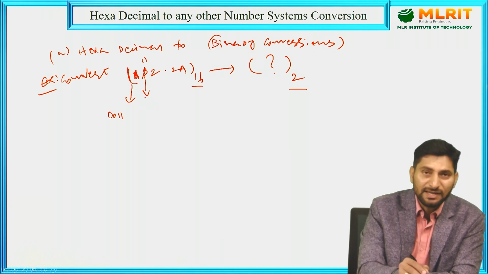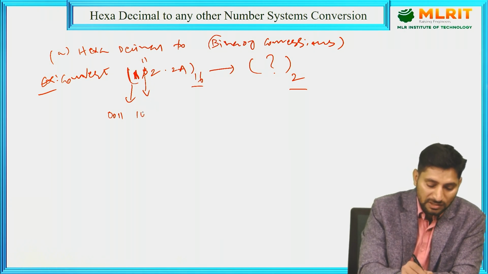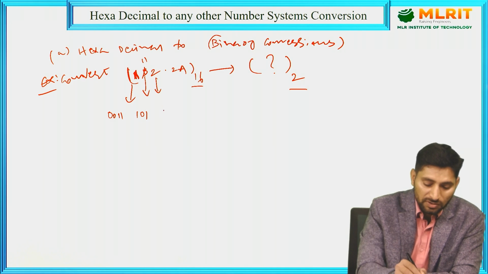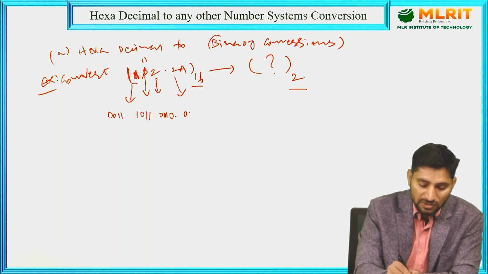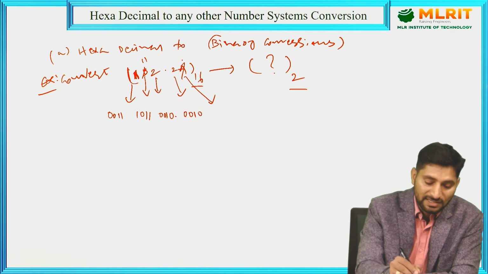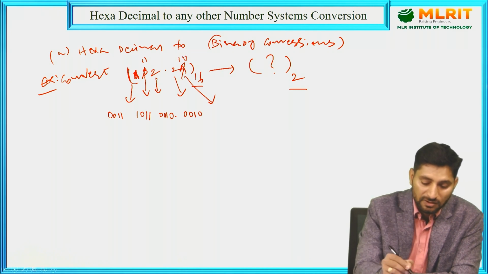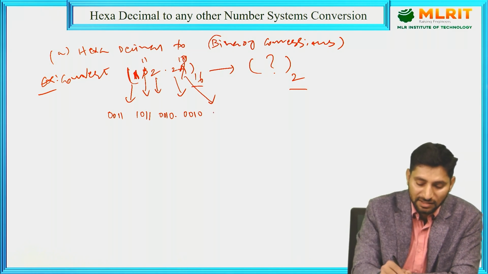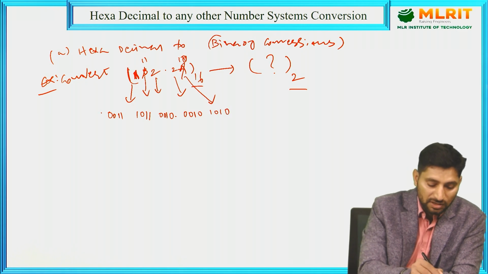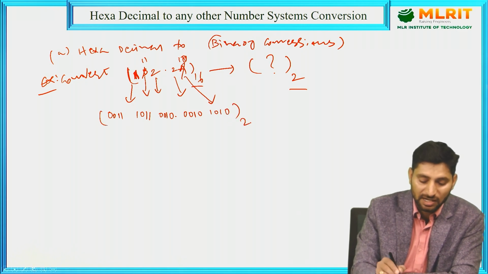So 11 equivalent in binary is 1, 0, 1, 1. This 2 equivalent is 0, 0, 1, 0. Next dot, this 2 equivalent is 0, 0, 1, 0. Then A means what? In hexadecimal the equivalent is 10. So 10 I can write with 4-bit equivalent in binary as 1, 0, 1, 0. So this is how I need to convert to binary.